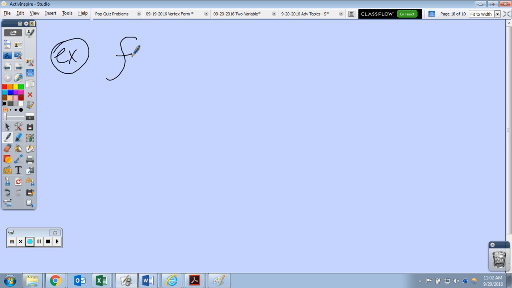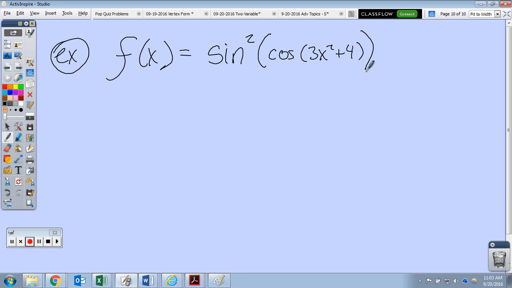So if I have f of x is equal to sine squared of cosine of 3x squared plus 4. Right, so here's a good example of chain rule.